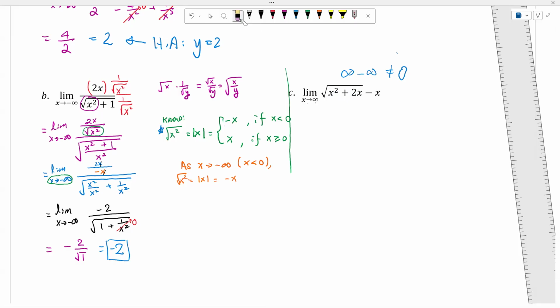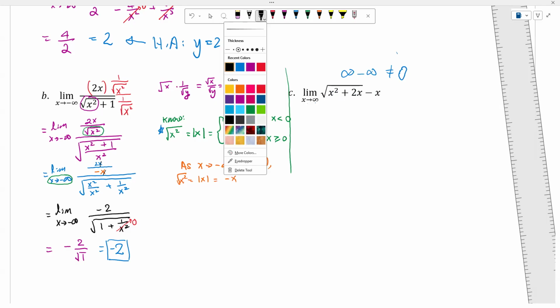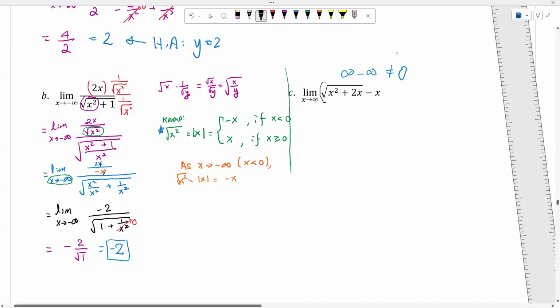Then how do we actually work out this problem? What we would like to use is the conjugate pair. You will see that a couple of times already. When the expression contains a square root with more than one term, we work with the conjugate pair. So in this case, I would like to create a conjugate pair.